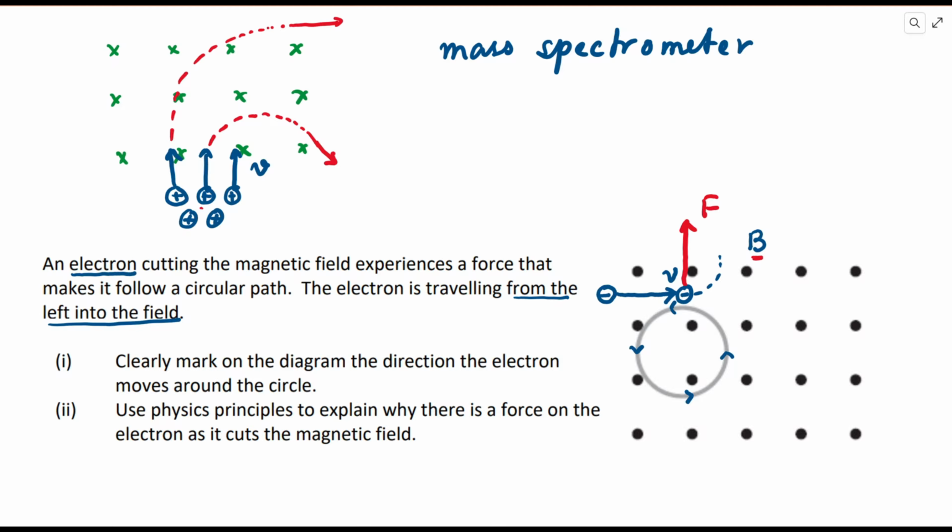Due to this difference between the strength of the magnetic field in these two regions, there will be a Lorentz force pointing from the stronger magnetic field area to the weaker magnetic field area. That is the origin of this Lorentz force. So in your answer, that's what you have to explain.